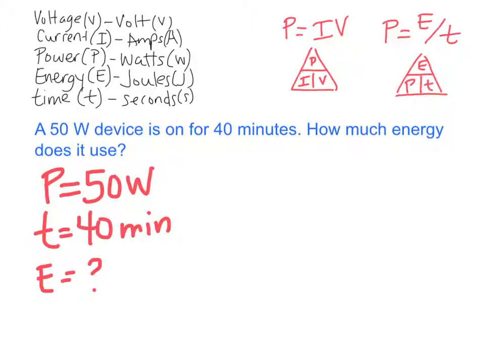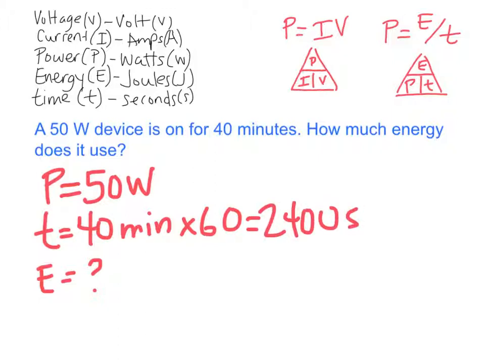So this is the extra step that we're going to need to do. In order to figure out time, we're going to need to times 40 by 60. So 40 times 60 equals 2,400 seconds.